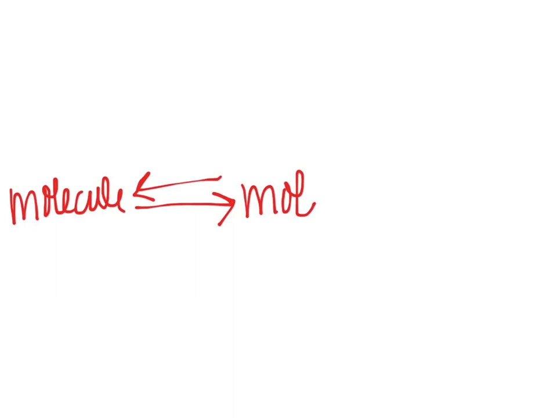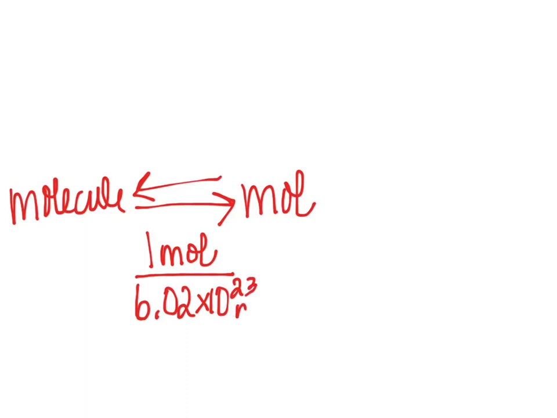So when I wanted to go from molecules to moles, in my conversion factor, what had to be on top? Moles has to be on top, so 1 mole. That means Avogadro's number, 6.02 times 10 to the 23rd molecules, was on bottom.